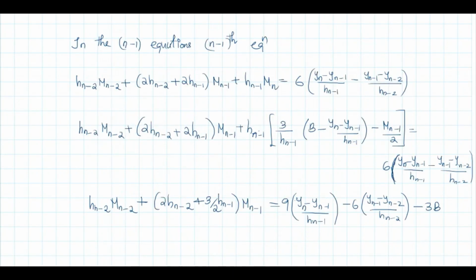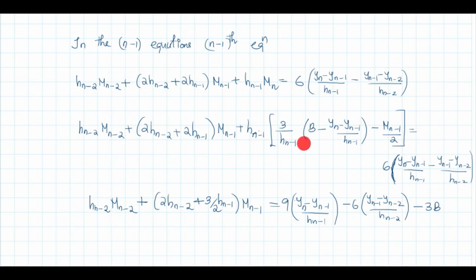Then you will get finally this equation: h(n-2) m(n-2) plus (2 h(n-2) plus 3/2 h(n-1)) m(n-1) equal to 9 y(n-1)/h(n-1) minus 6 (y(n-1) minus y(n-2))/h(n-2) minus 3B.